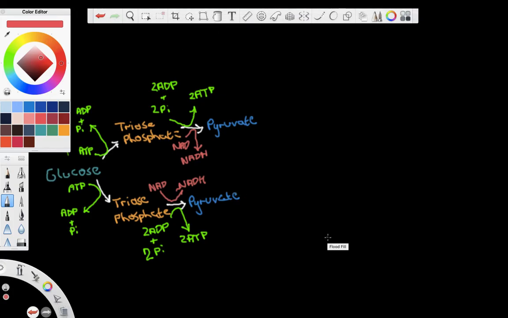Now, pyruvate is then fed into what's known as the link reaction. And in the link reaction, we're turning pyruvate into a molecule of acetate. Acetate.